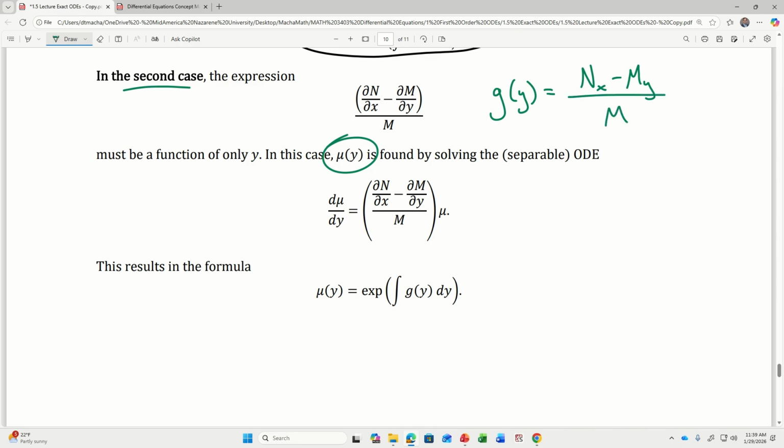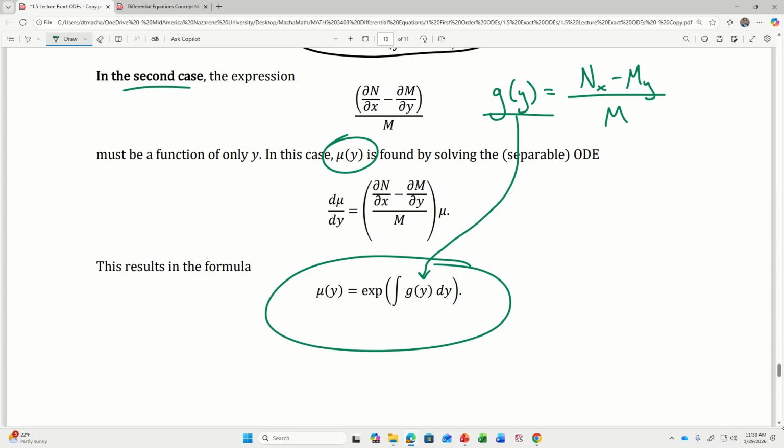The difference here is that you switch the order of subtraction, and then you divide by m instead of dividing by n. And if that's a function of y only, then I can find my integrating factor according to this formula, where the g of y is that thing.